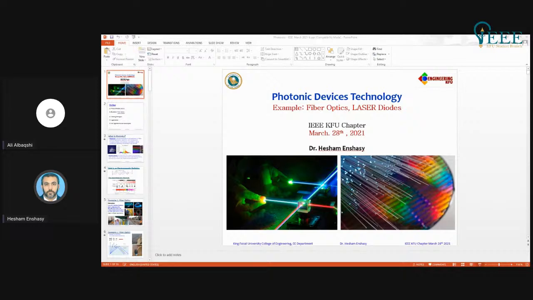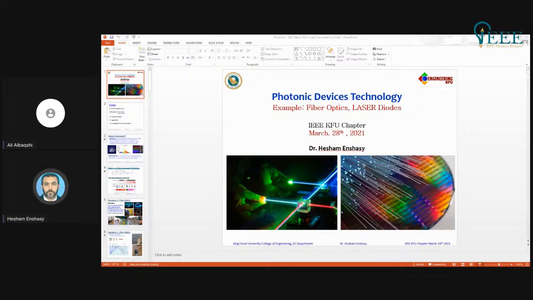But if you need to generate, for example, X-rays, you have to generate them through the atoms themselves, because the atom dimensions are in the range of 10 to the power minus 10 meters, which is the wavelength of the X-rays.